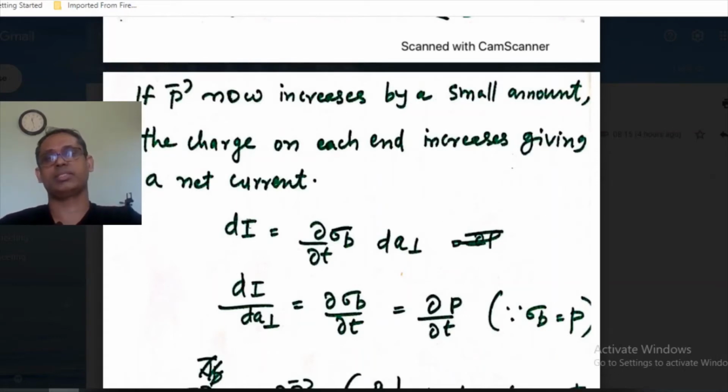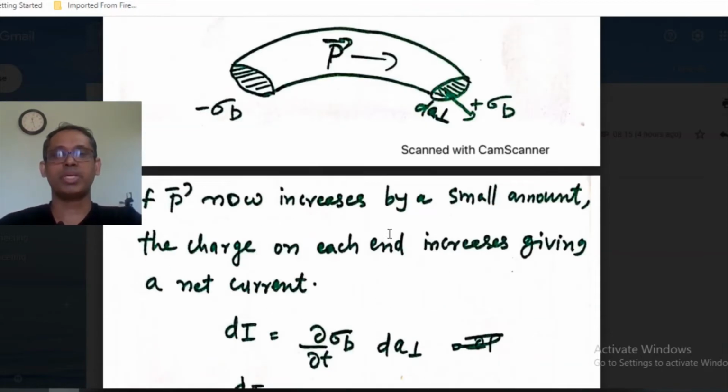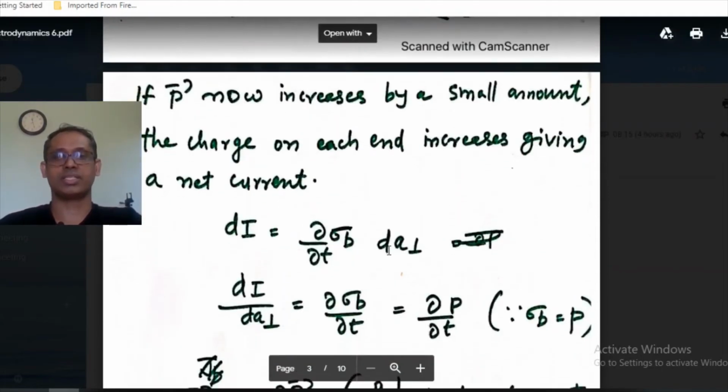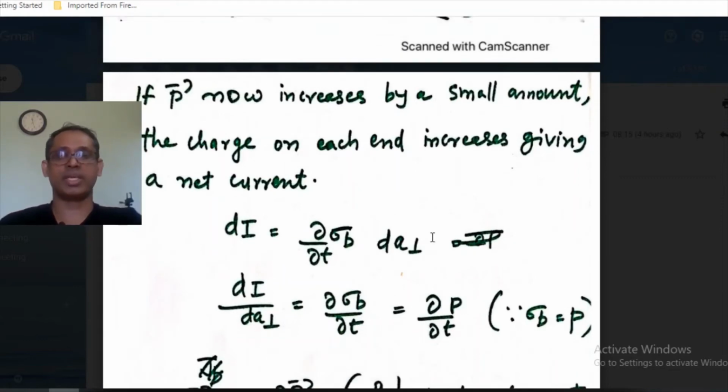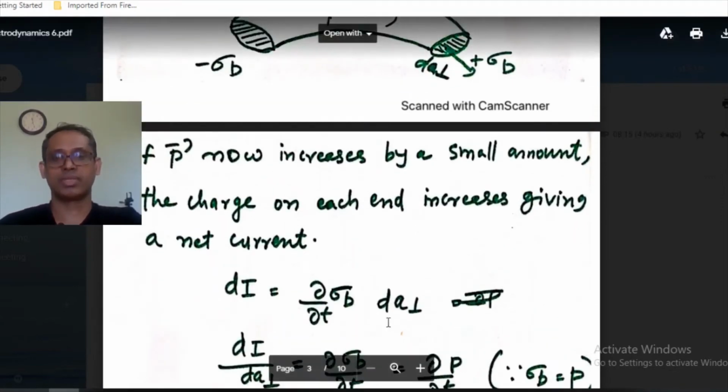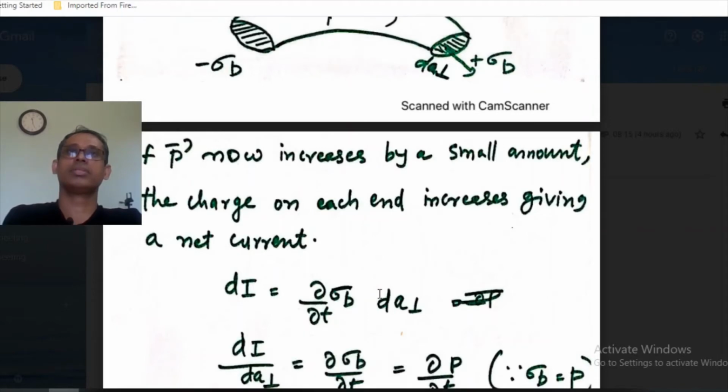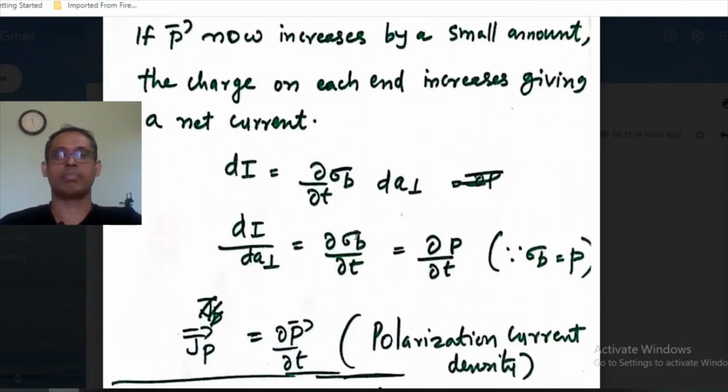That current gives a net current, given by di equal to dou by dou t of sigma b. Sigma b is the surface charge density, so you multiply it with area to get charge, and current is the rate of change of charge. So di is dou by dou t of sigma b into dA perpendicular.